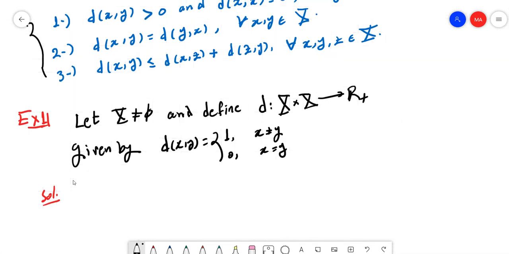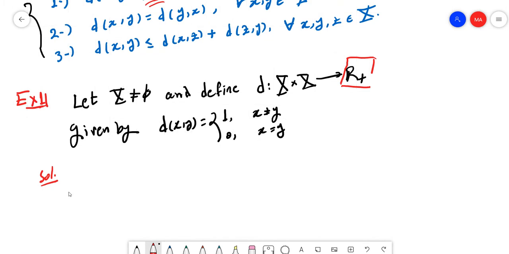The first condition: clearly, by definition of d, the outcomes of d are always non-negative, greater than 0, and equal 0 if we measure the distance between a point and itself.